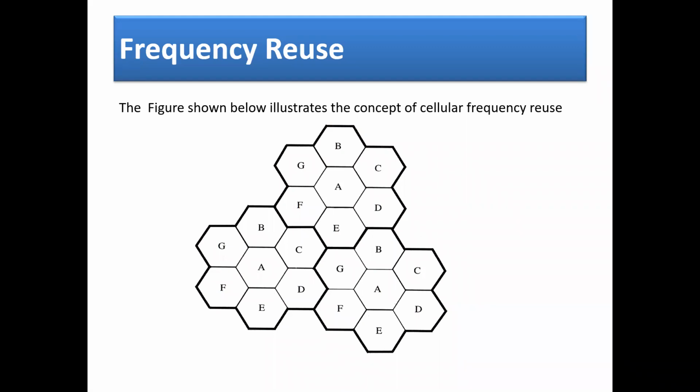Okay, now what we are going to do now, we said that the power transmitted from the base station of cell A will not exceed the boundaries of the cell A. Okay, look.